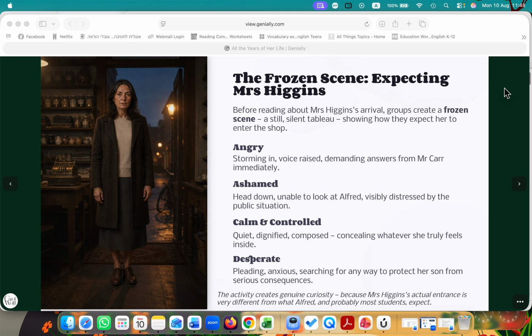Once having physically built that expectation, the students are more invested in what actually happens. So, when she enters with unexpected calmness, the contrast lands even harder.